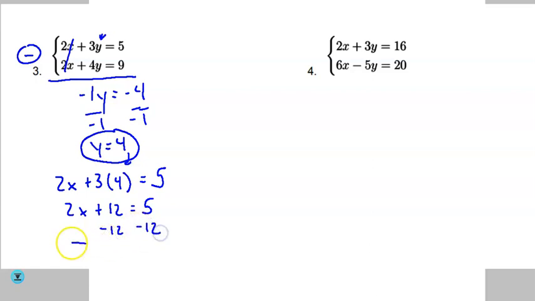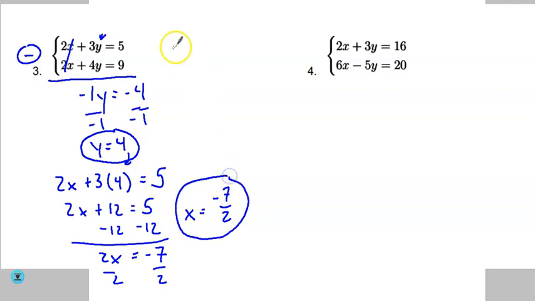Subtract 12 from both sides. 2x equals negative 7. Divide by 2. Doesn't divide, so you can just leave it as a fraction. You might put negative 3.5, but I'm going to leave it. x is negative 7 over 2. Just remember, you write the x first. Negative 7 over 2, 4.